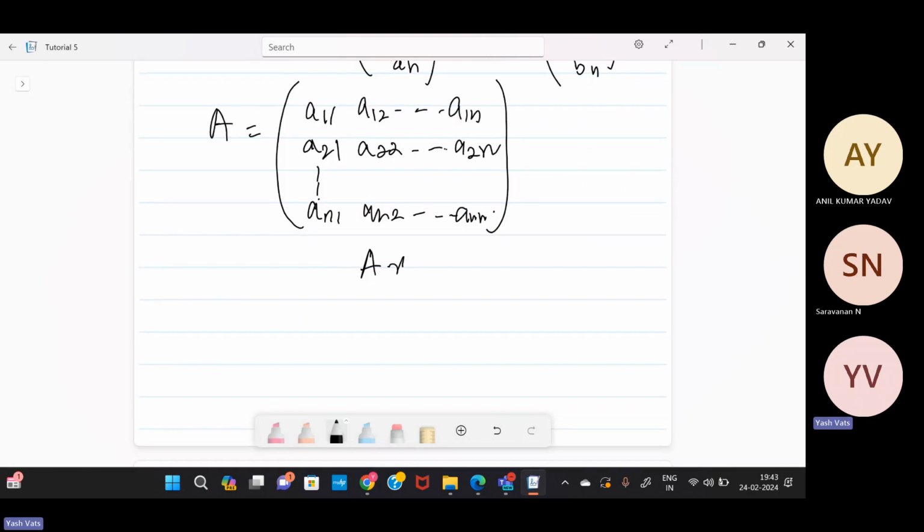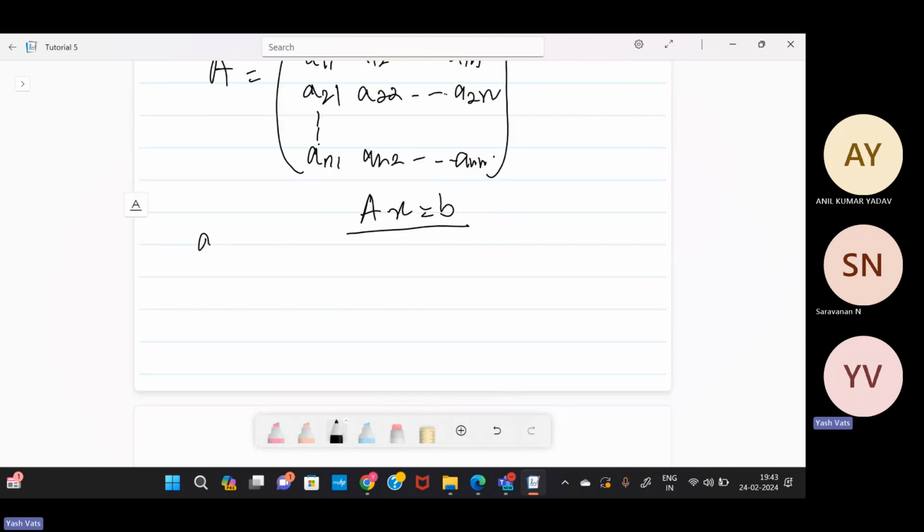So what does AX equal to B simplification give? This one gives A11 x1 plus and so on. Yes, clear.